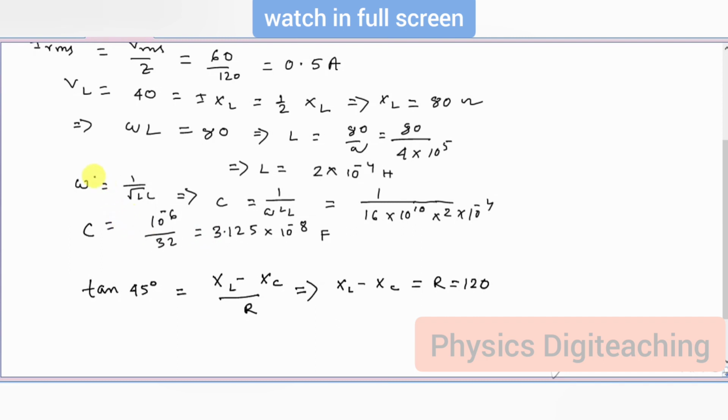Now we know XL equal to omega into L and XC equal to 1 by omega C, and XL minus XC equal to 120 ohm.